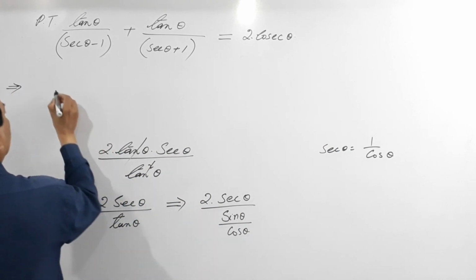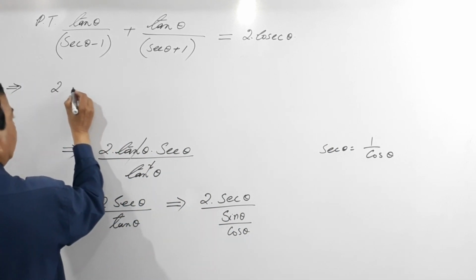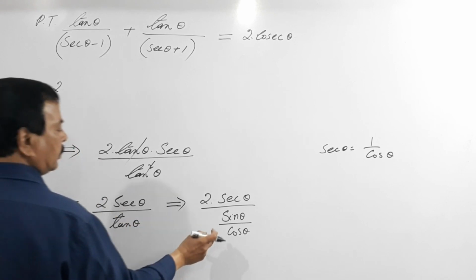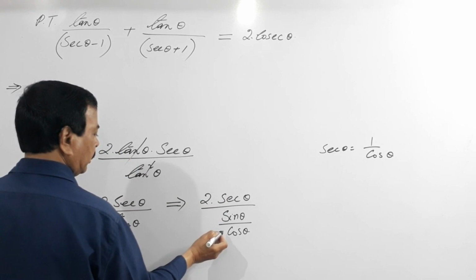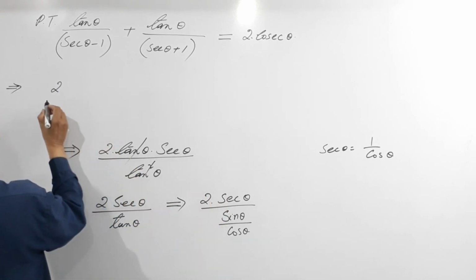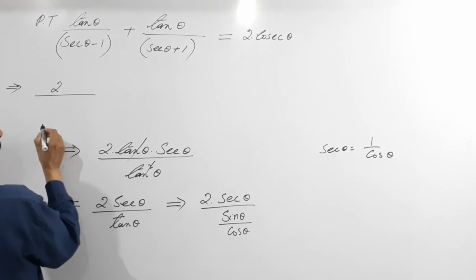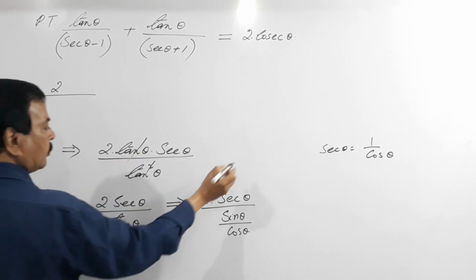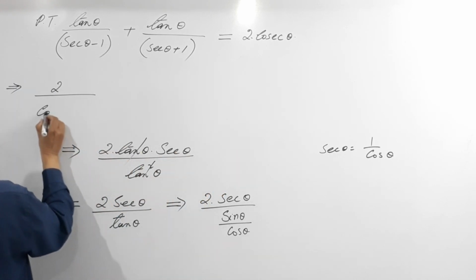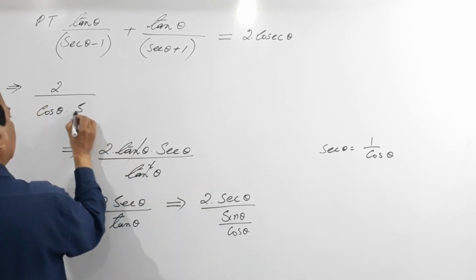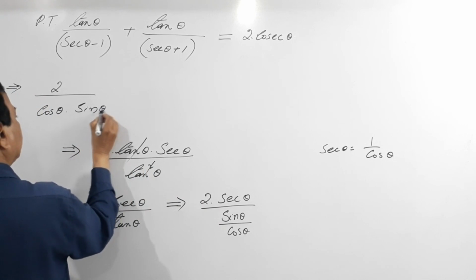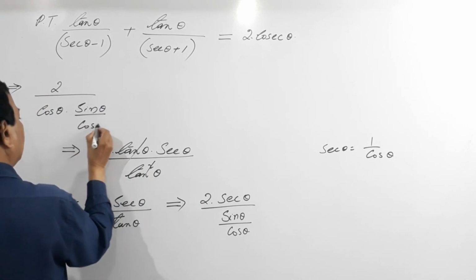That is 2 by cos theta into sin theta by cos theta.